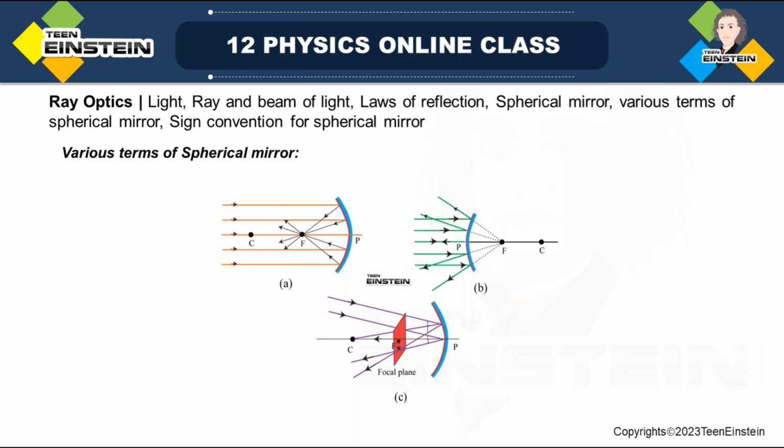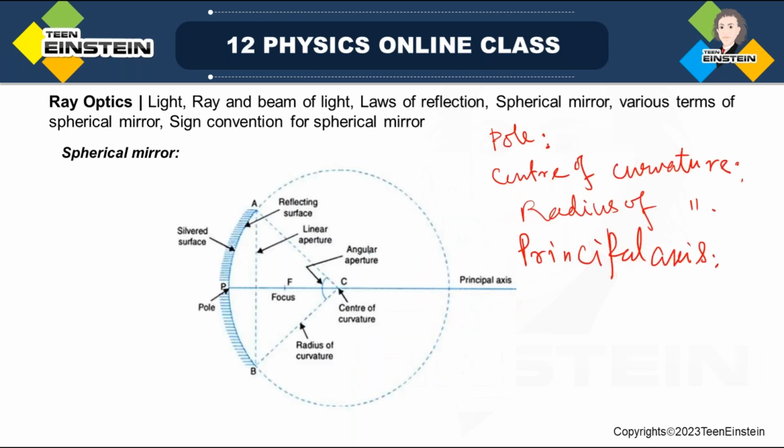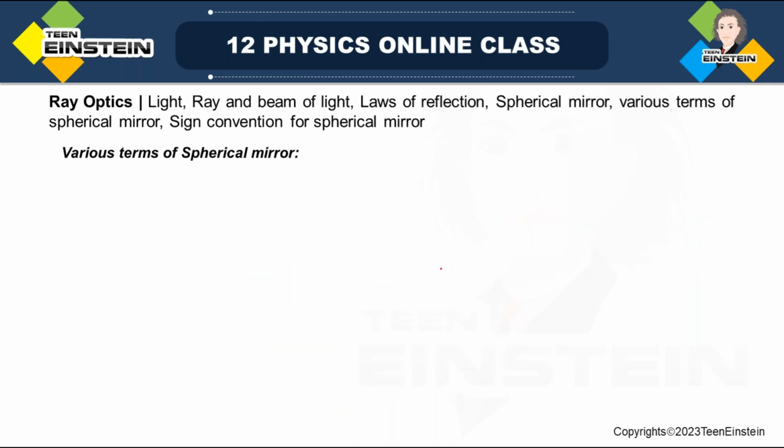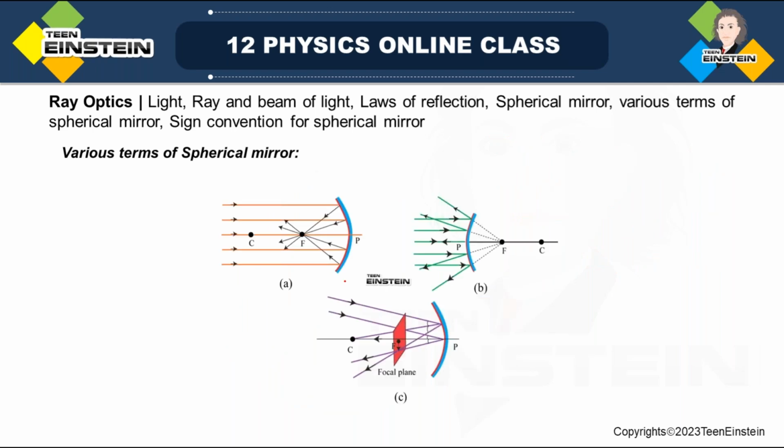Focus is actually a point on the principal axis. Center of curvature is denoted by C, pole is denoted by P. Okay, now we are going to learn focus. Focus is a point on the principal axis.